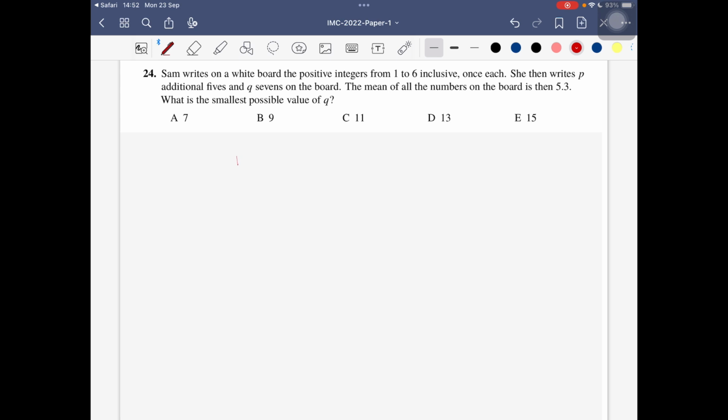Okay, so 1, 2, 3, 4, 5, 6. And she added more 5s, P times, and 7s, Q times. So we can divide by 6 plus P plus Q, because the total number of numbers is 6 plus P plus Q. This could be 5.3.